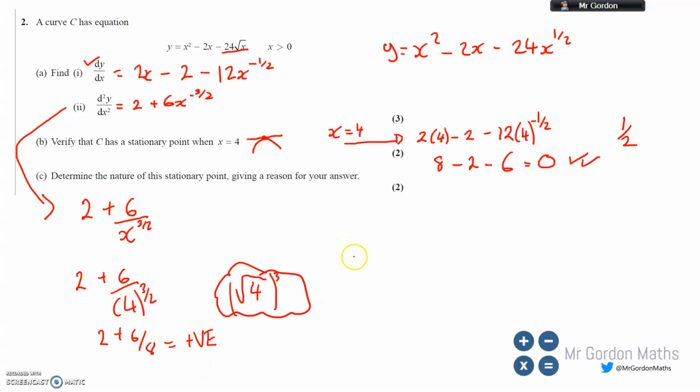Because it's going to start with a gradient that is negative, but it's trying to get less negative, and it's trying to turn into a positive gradient all the way around this point, until it finally becomes positive. There's our x equals 4. Our stationary point is here. And the gradient around this point is always becoming less negative, less and less, until it turns into positive and gets more and more positive. So a minimum point. This is a minimum point.